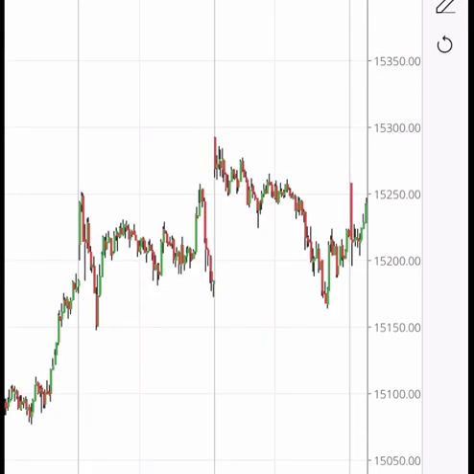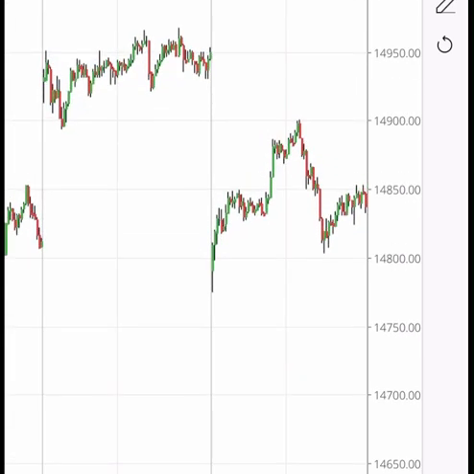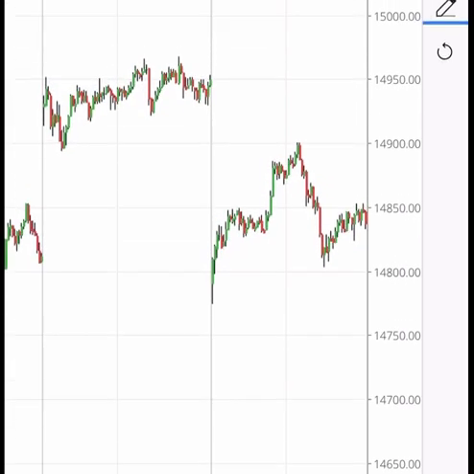And wait, let me show you the gap down. Yes, this. On 11th of May, the market opened with a green candle and the market opened gap down below the closing price of 10 May. So this is gap down.